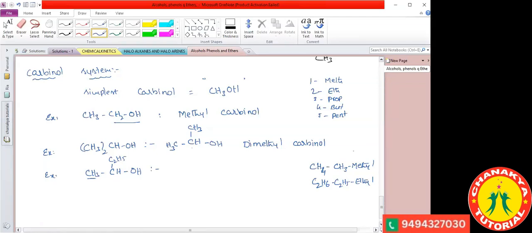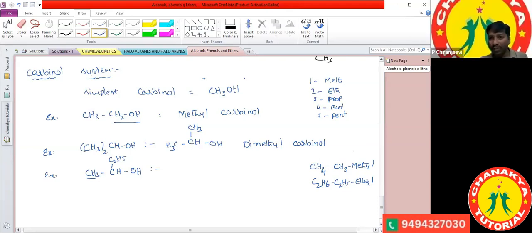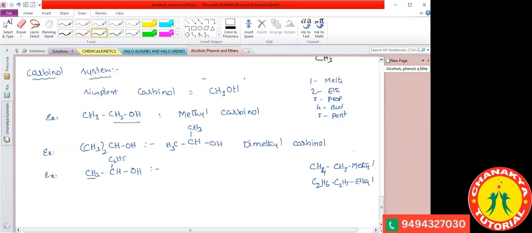Yeah, sir. So the C2H5 group is called an ethyl group and the CH3 group is called a methyl group. Now CH3 and C2H5, are they identical or different? Different, sir.